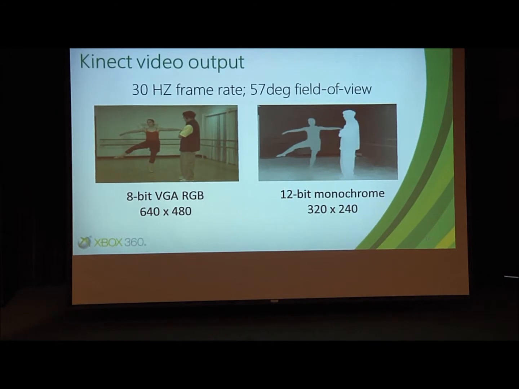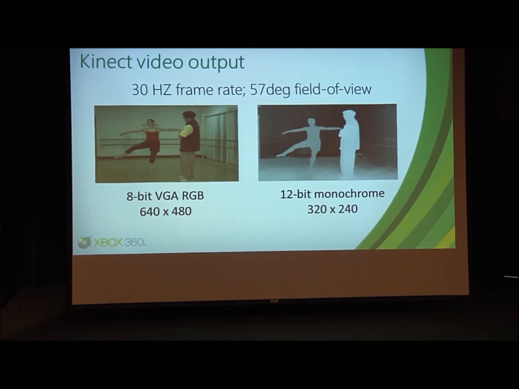The format of the data that comes back is like this: for every pixel in the frame, it tells you the distance from the Kinect in millimeters of the nearest object in front of the Kinect. Does that make sense to everybody? Okay. So it gives you a set of depth information, which you can then convert into an image like this, or use it for whatever else you want to do.